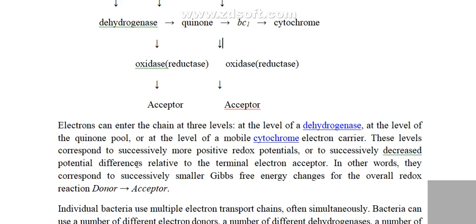There is a potential difference between oxygen and the proton. Because of this, there is a flow of electrons down the Gibbs free energy chain, so that the overall redox reaction takes place in which the electrons flow from donor to acceptor.